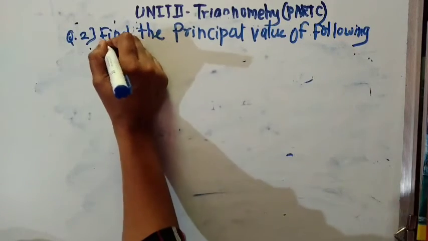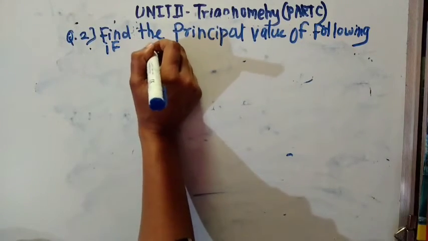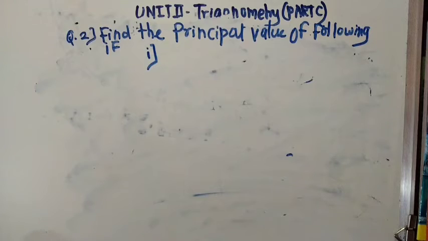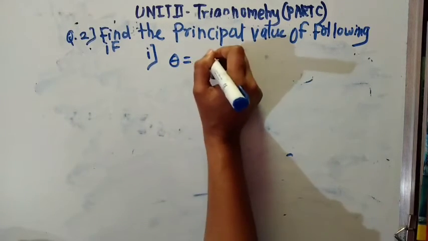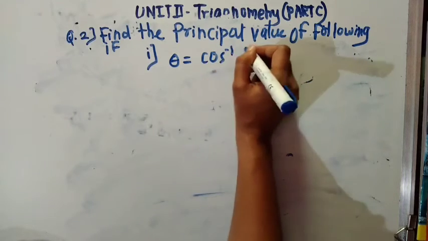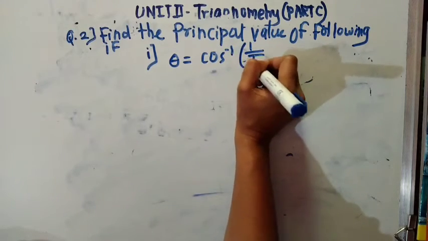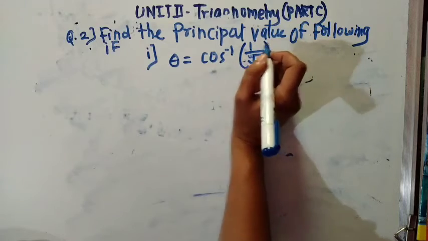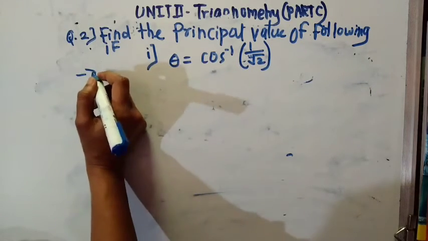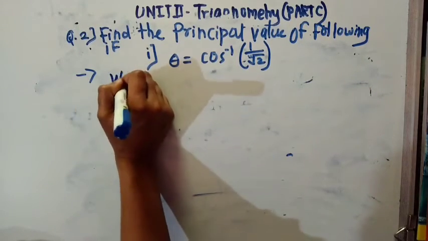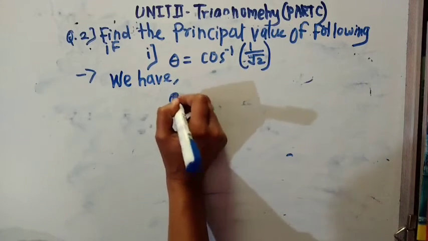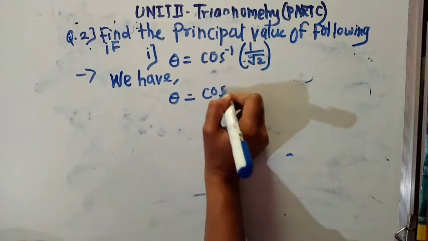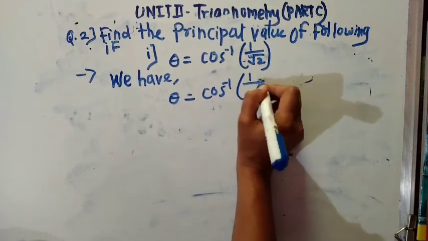If theta is equal to cos inverse of 1 upon root 2. So first we have theta is equal to cos inverse of 1 upon root 2.